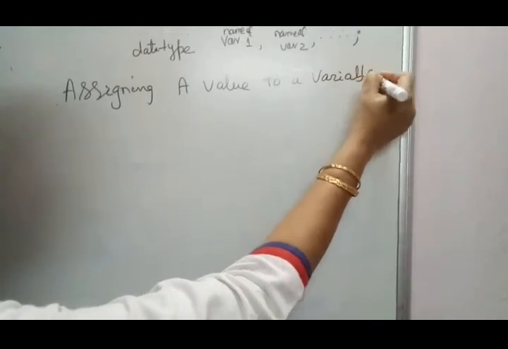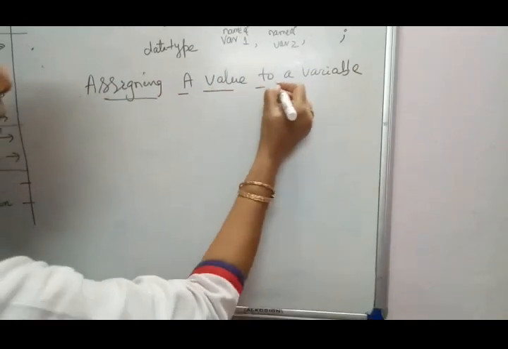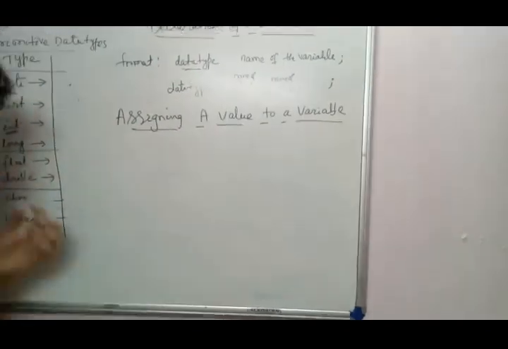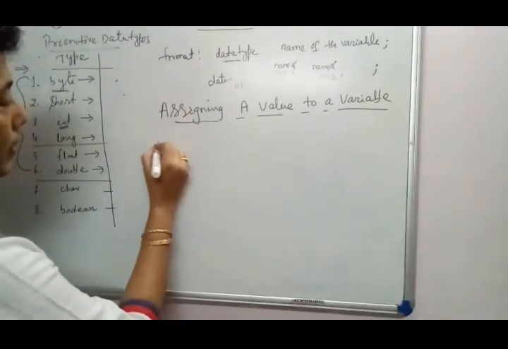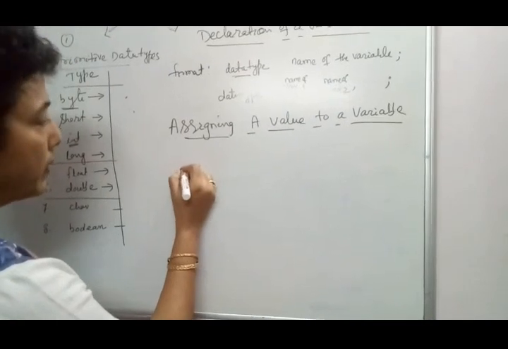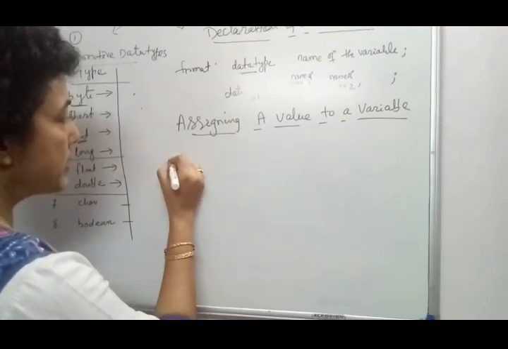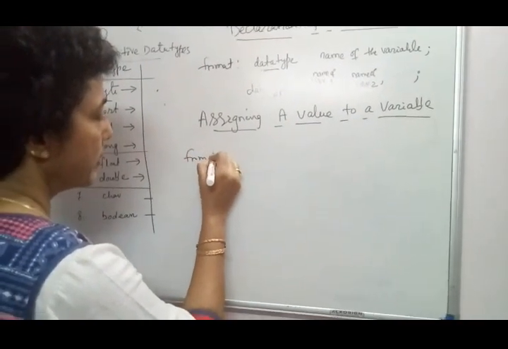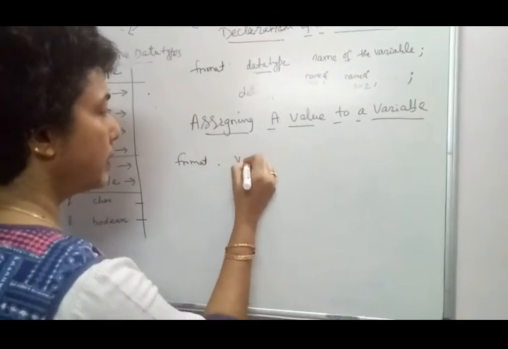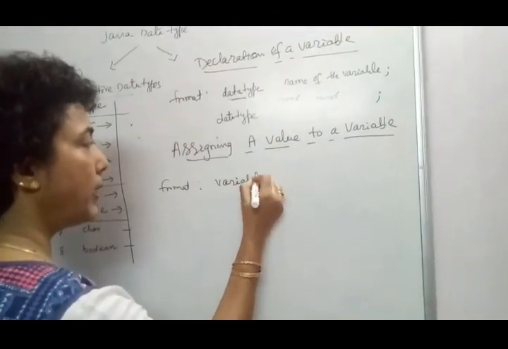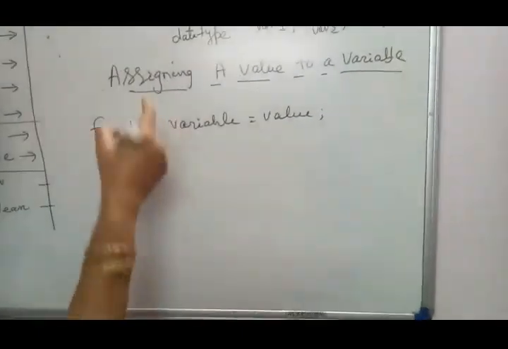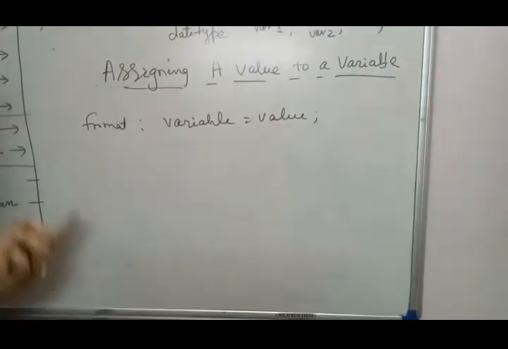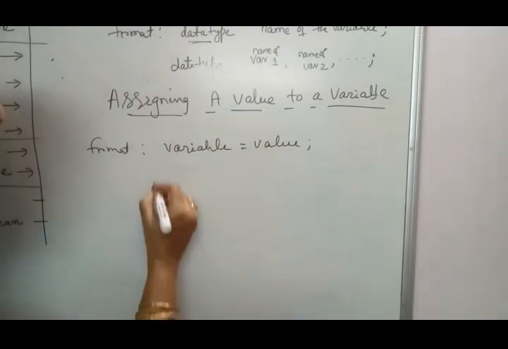First of all you have to declare the variable. There are two ways. The format is variable equal to value, where before assignment you have to declare the variable, or we can do both together.